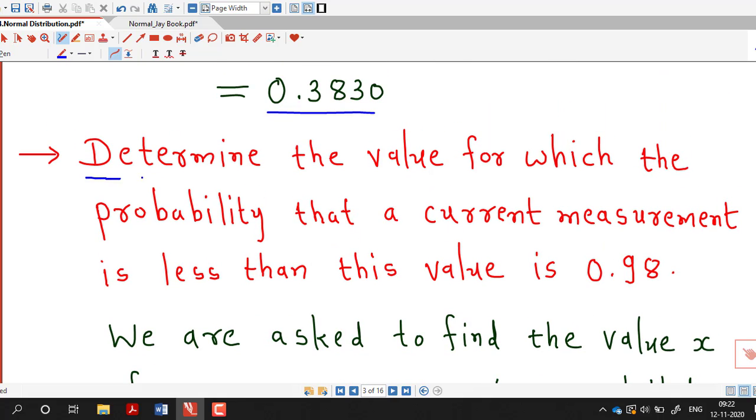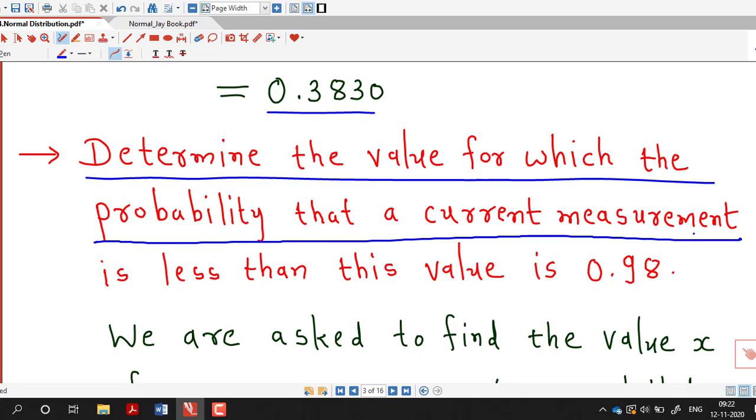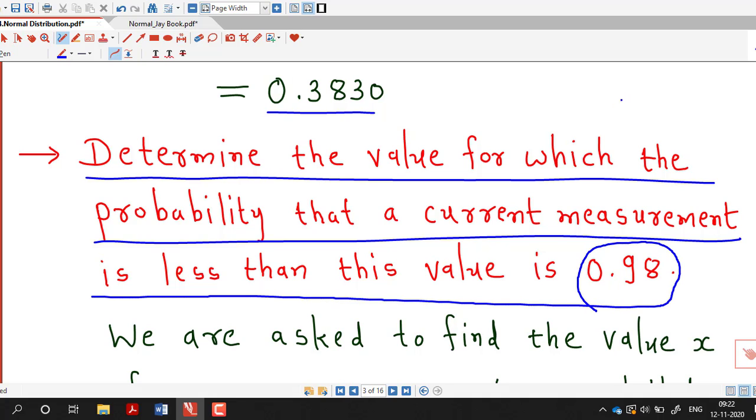We are given the probability, which is the probability that current measurement is less than some value x.